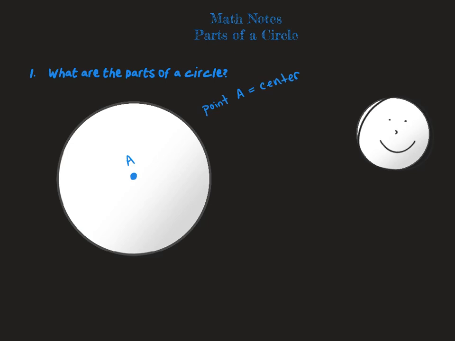Okay, great. So what happens if we have something else, like a line segment running from one edge of the circle to another edge? Okay, let's go ahead and get a ruler. This is math, so we want to make sure we're exact.